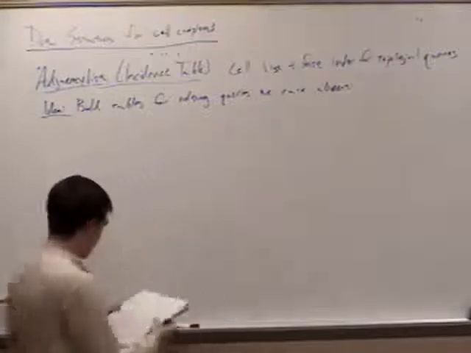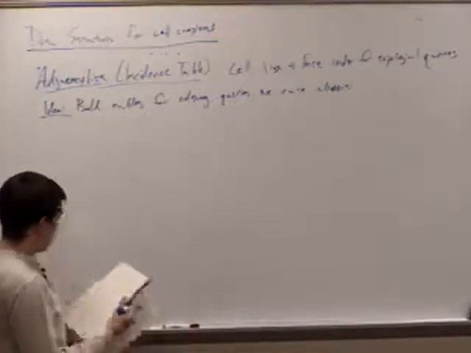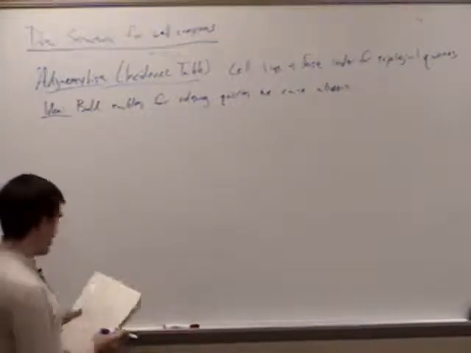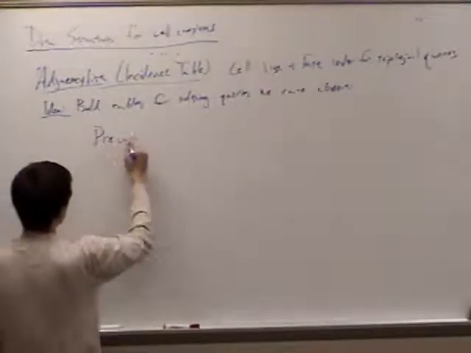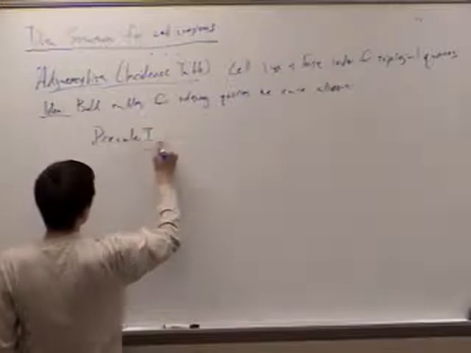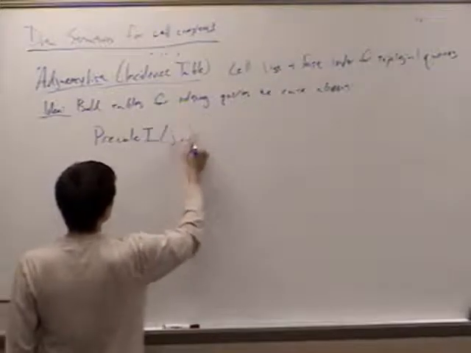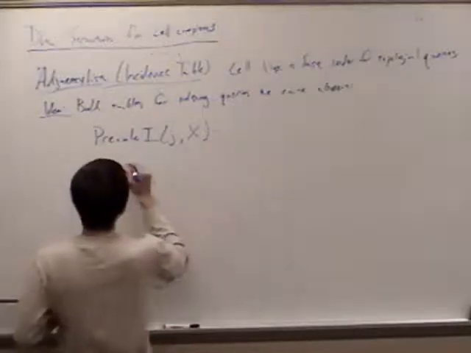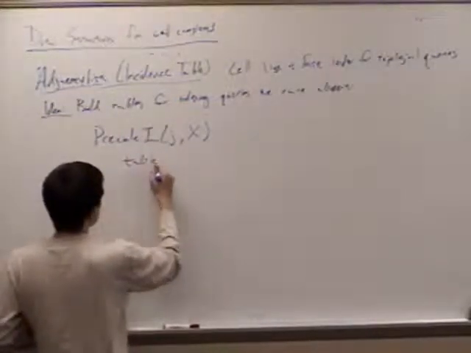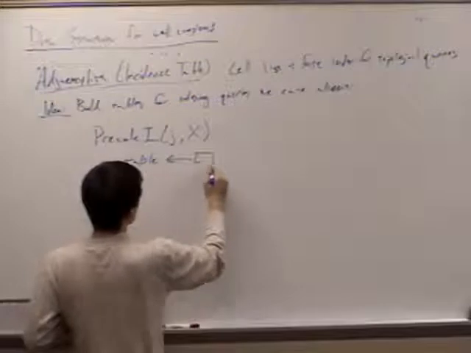So here's the concept. Suppose I want to answer I sub j very quickly. We're going to define a function, which we'll call precalc I, and we'll give it the parameter j and our cell complex x. We're going to construct a table, which we'll initially set as empty.